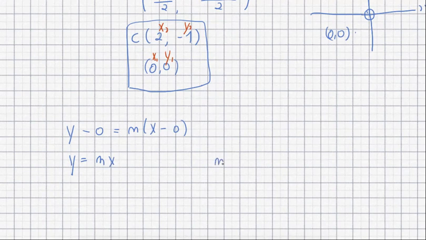So you have the formula for m also. Let me see. M equals y2 minus y1 over x2 minus x1. Write it down.